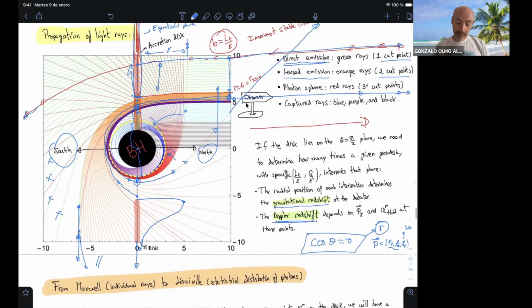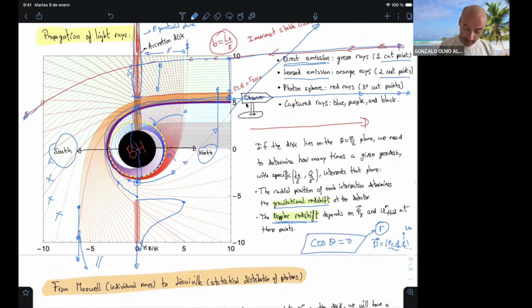Now that we have that, we know that when a photon hits here, we'll pick some intensity and we'll transfer that intensity following that geodesic towards the detector, okay? Very good. So once we have all the geodesics and the intersection points of each geodesic with the equatorial plane, once we specify the intensity profile, we will be able to transfer this specific intensity at the emission point to the detector, okay?